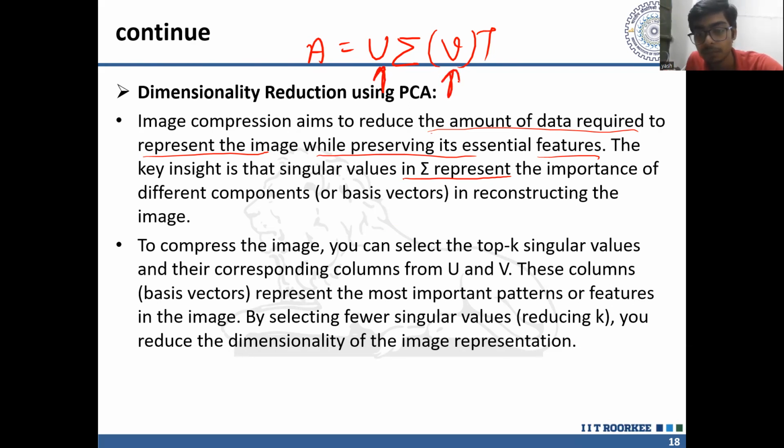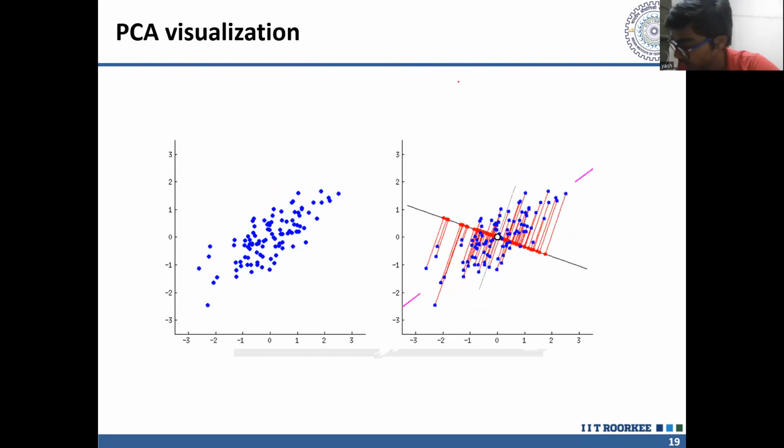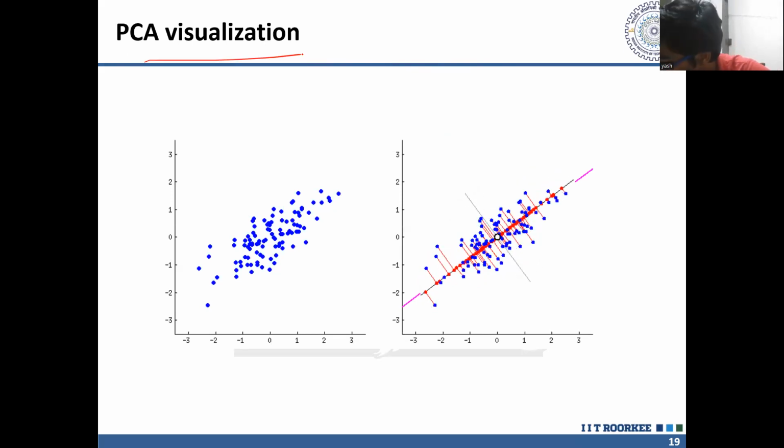These columns represent the most important patterns or features in the image, and by selecting fewer values, we can reduce the dimensionality of our image representation, which may help in storage space and such problems. We can see a PCA visualization of it. It basically calculates the perpendicular distance from all the points and tries to reduce it.